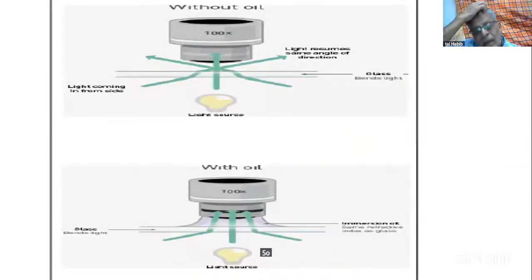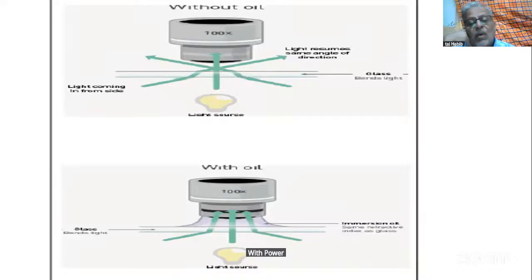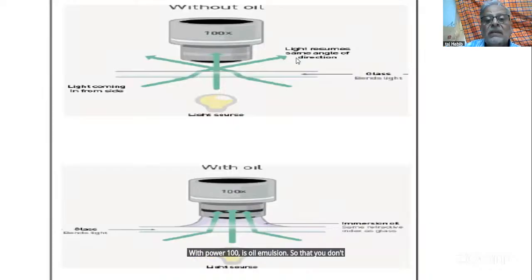So the one component which is used in the microscope with power 100 is oil immersion, so that you don't lose this light. So the oil is placed here and all the light goes through the power 100. So you need oil, good quality oil with a refractive index of 1.5.